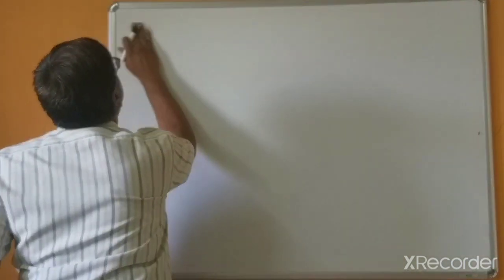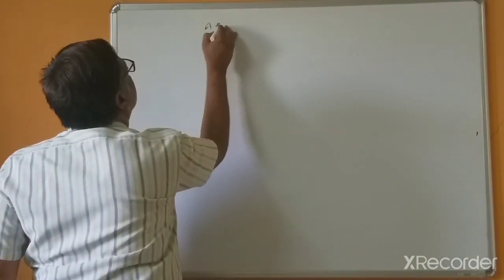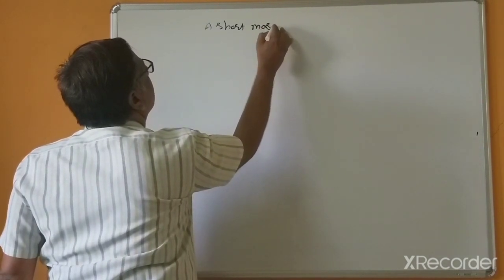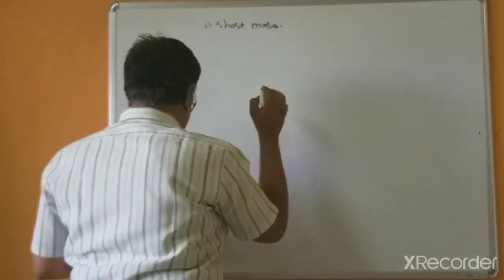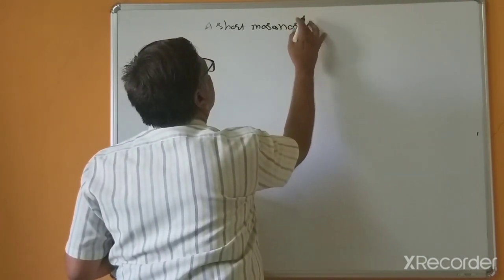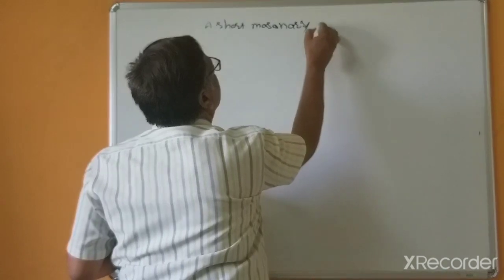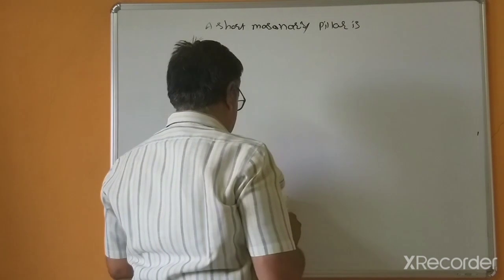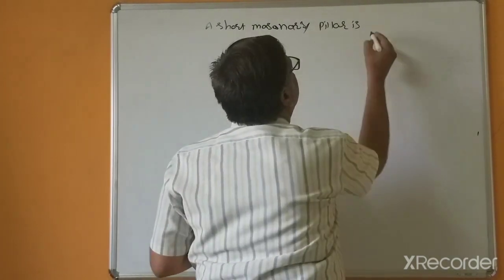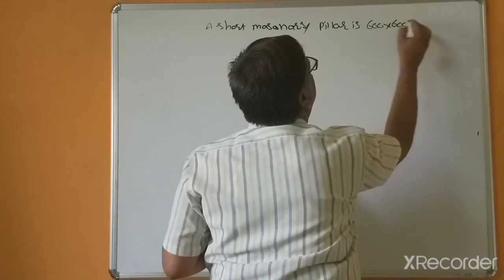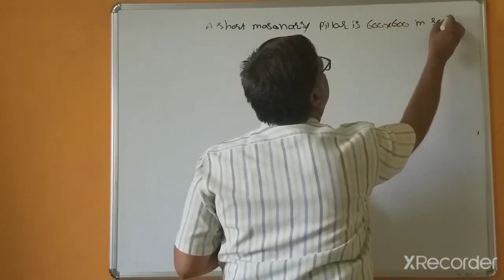A short masonry pillar is 600 mm by 600 mm in section.